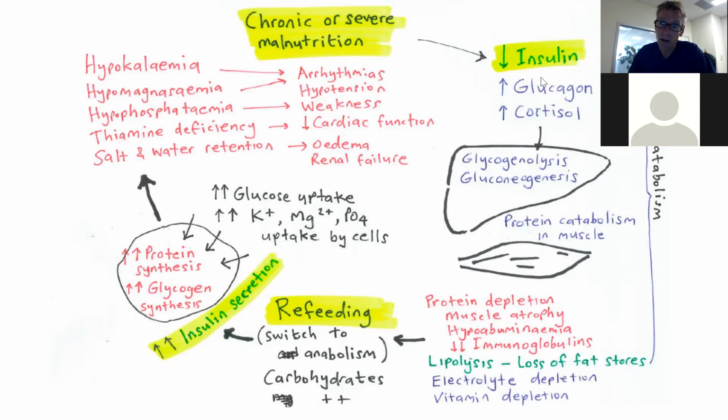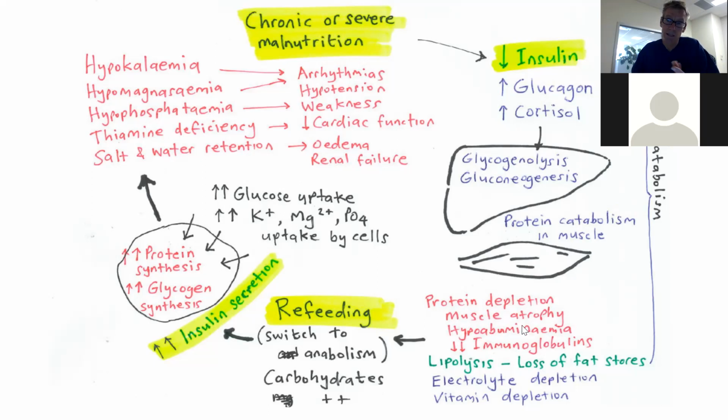So they have very high glucagon and cortisol levels, the stress hormones, and that leads to glycogenolysis, which means all their glycogen stores in the liver are being broken down to glucose, and their body will break down protein. That's why they have muscle wasting: lots of protein breakdown leads to muscle atrophy and low levels of protein in the body.